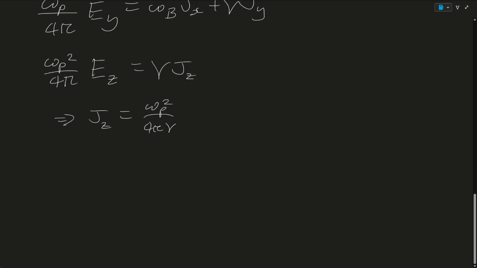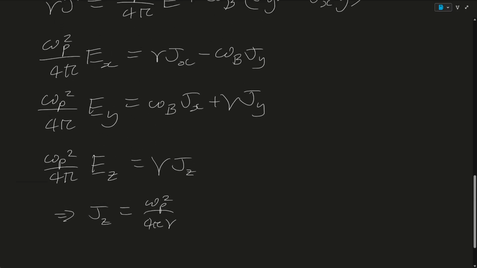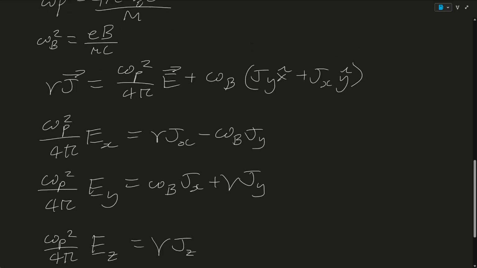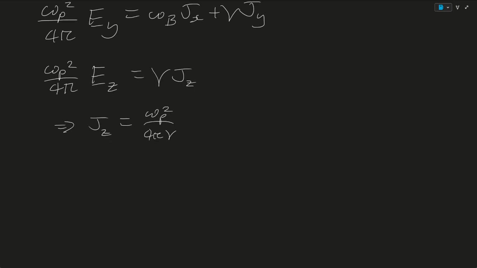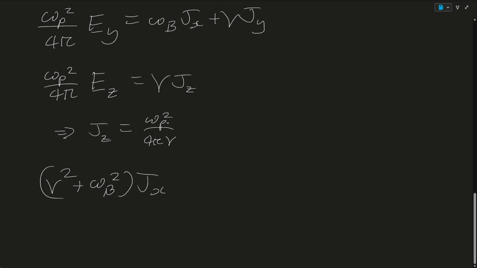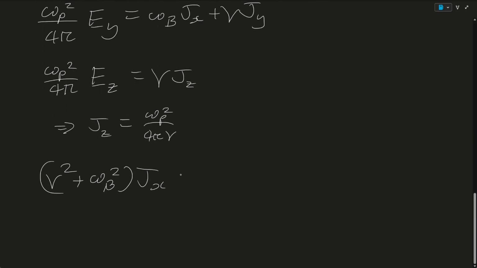So, sticking things together, I think we will multiply this by nu, and the second one will multiply by omega b, and we'll add them together. So nu squared plus omega b squared times jx is omega p squared over 4 pi nu Ex.